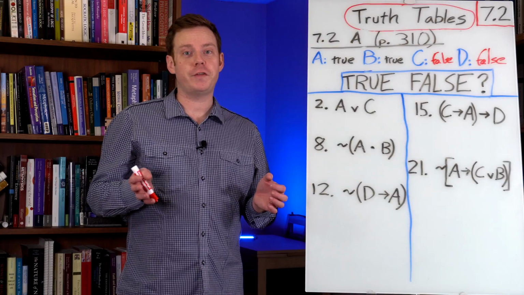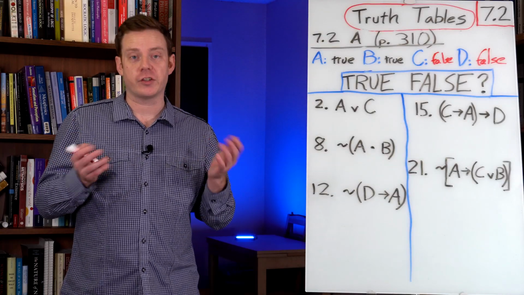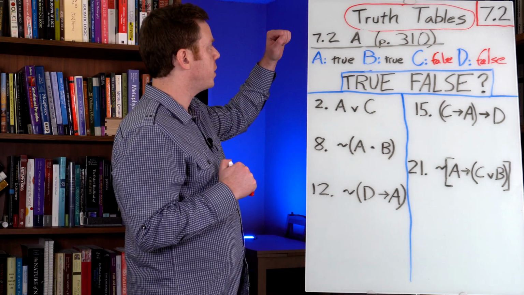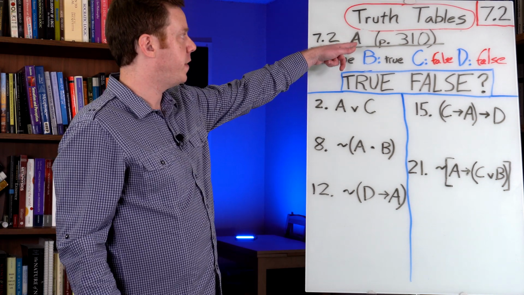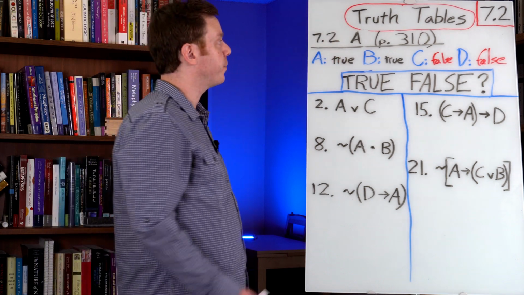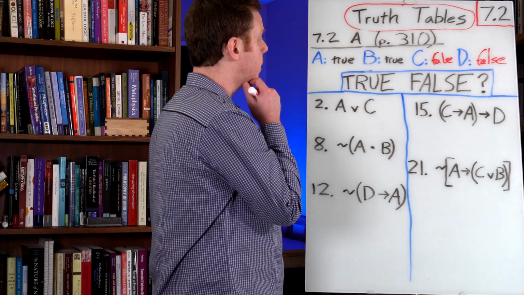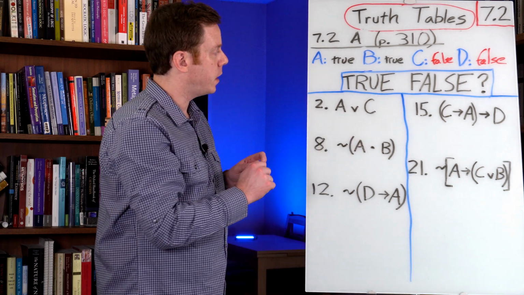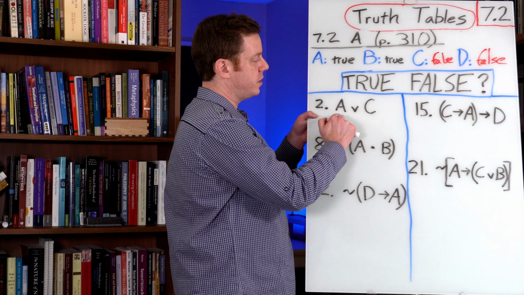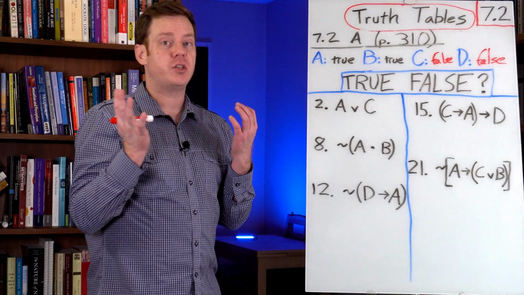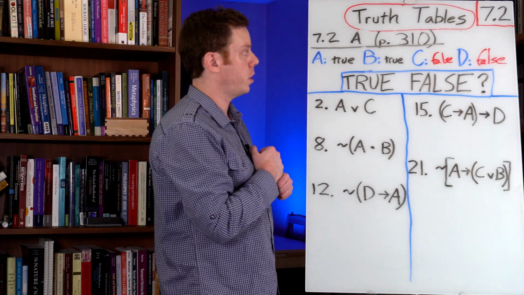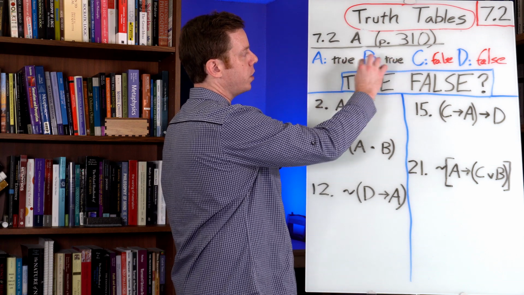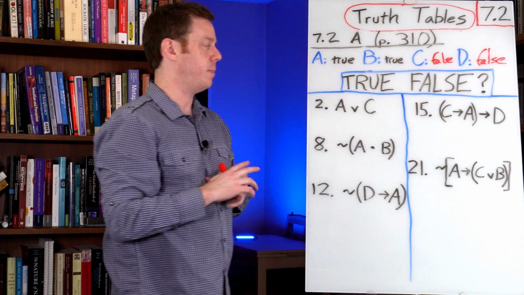Now let's do a few exercises from the book to test our knowledge. So this is 7.2, exercise set A. It's on page 310. This one gives us a statement, and it asks us to determine whether the statement is true or false. And it gives us the truth value of the atomic statements.